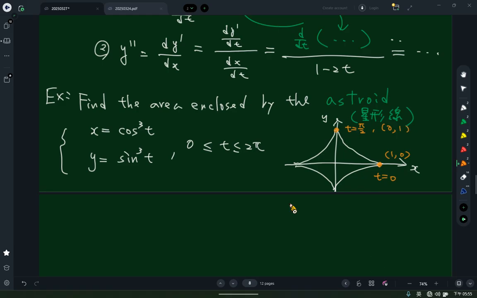Okay, so similarly, you can take some t in between 0 and 1/2 pi, and then you can get more points, and then finally you can get a shape. Just like I plot the points first, then connect these points together, and then finally you can get a shape.